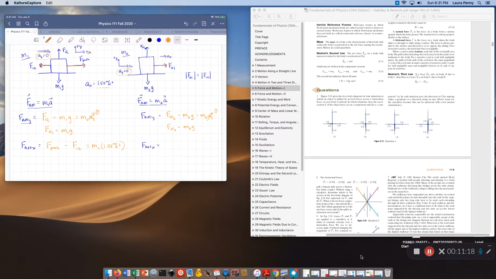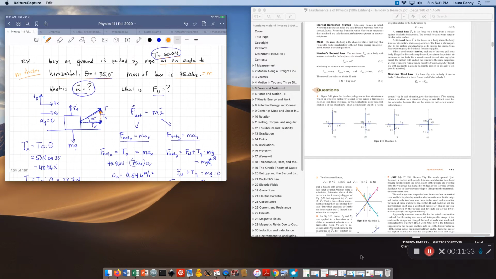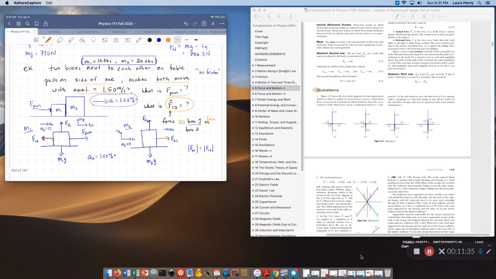And I'm going to go to the last equation I can make, which is the F net x on mass 2. All that I have is F21. That's the only force. There's no other force, right? If we look at our blocks, there's nothing impeding the motion to the right on mass 2. Gravity can't do it. Gravity's pulling down. There's nothing over on this side to slow it down.